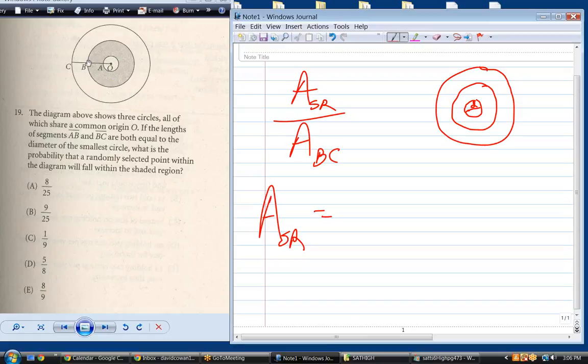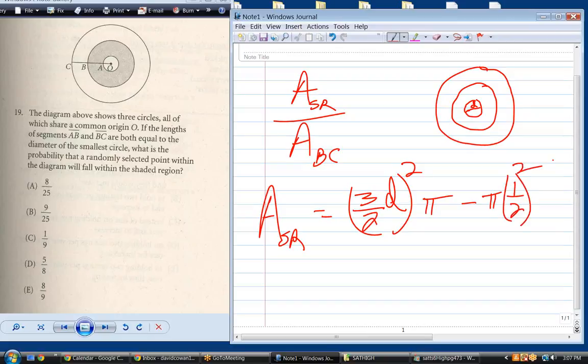So 3D? Well, let's look at it. A to B is equal to the diameter, right? Yes. So A to B is D, but from the center of that circle to A is half D. Oh, so the radius of that middle circle should be 3/2 D. Gotcha. Squared pi minus the area of the inside circle, which is pi times 1/2 D squared, right?